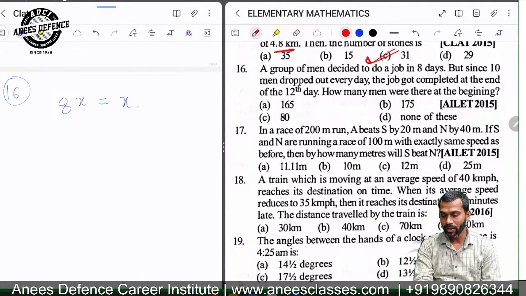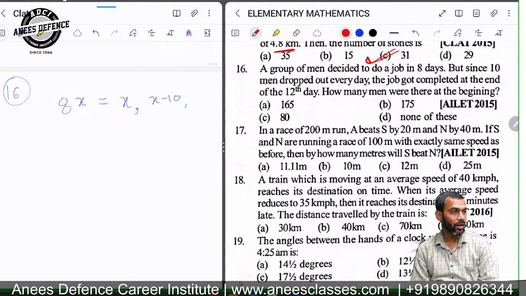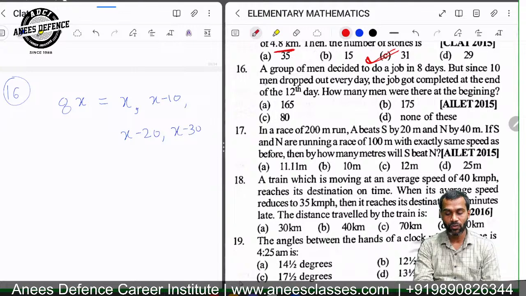On the second day, x minus 10, because 10 men dropped out every day. Next, x minus 20, x minus 30, and so on. If you add all of them, it should be equal to 8x after 12 days. So you need to find the value of x.